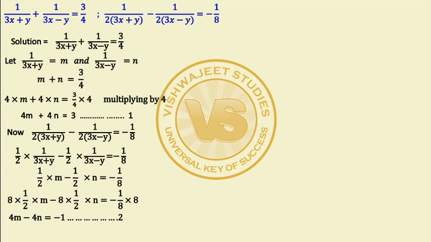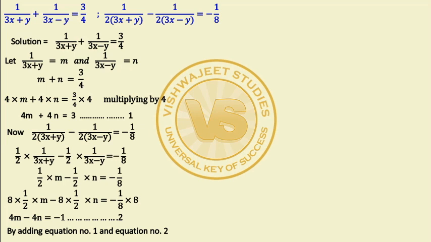If we observe equation number 1 and equation number 2, the coefficients of m and n are the same, but the signs of the 4n in equation 1 and equation 2 are different. So by adding only, we will eliminate the term n.